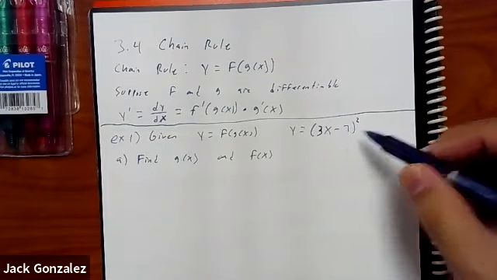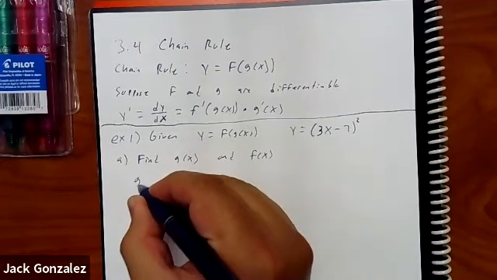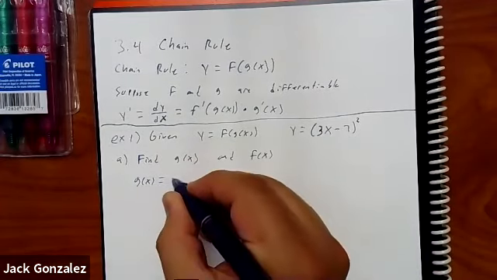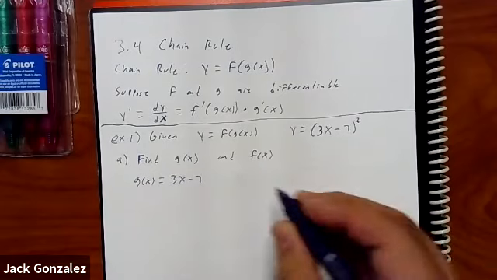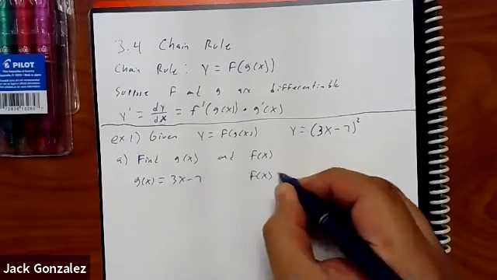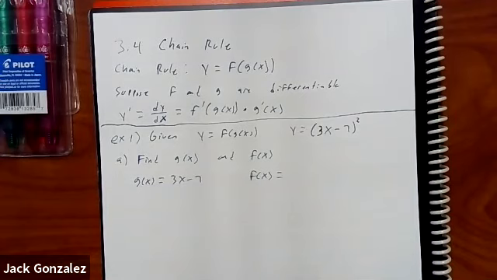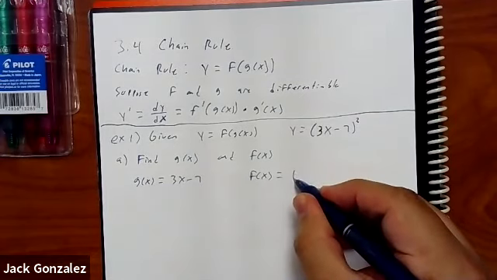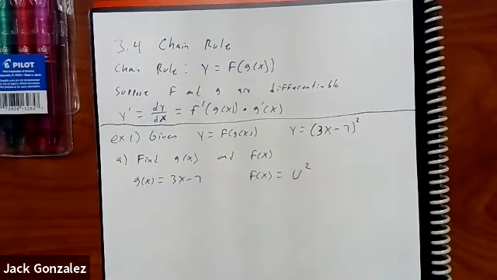Yeah, so the inner one, g, is the 3x minus 7. What is the outer function? Square. Yeah, the square, so it's just something squared. Some function u, whatever.